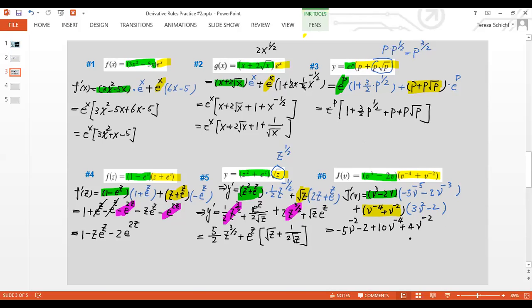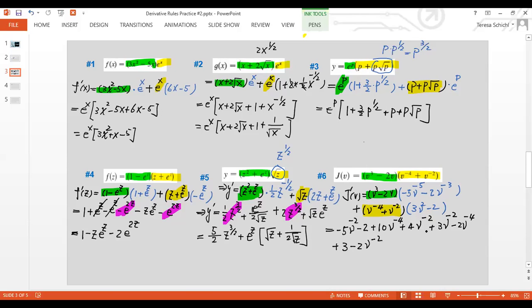-2. Okay, so now I need to FOIL the bottom ones here. So -4, so this will be 3v to the -2, then minus 2v to the -4, then plus, so positive, negative, so it's a 3, then minus 2v, -2, right? So the minus 2v, -2 here.